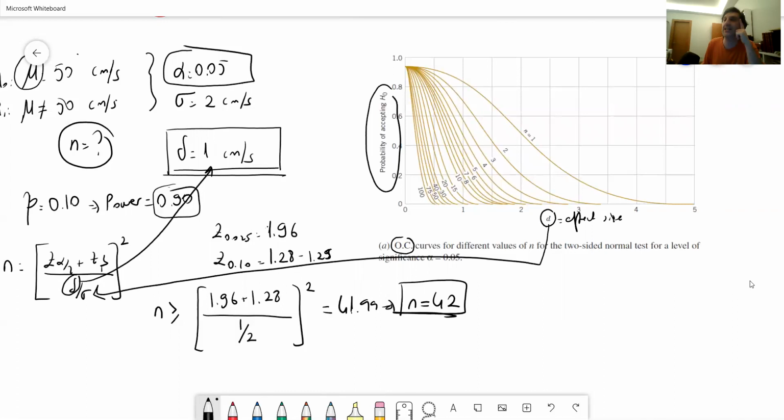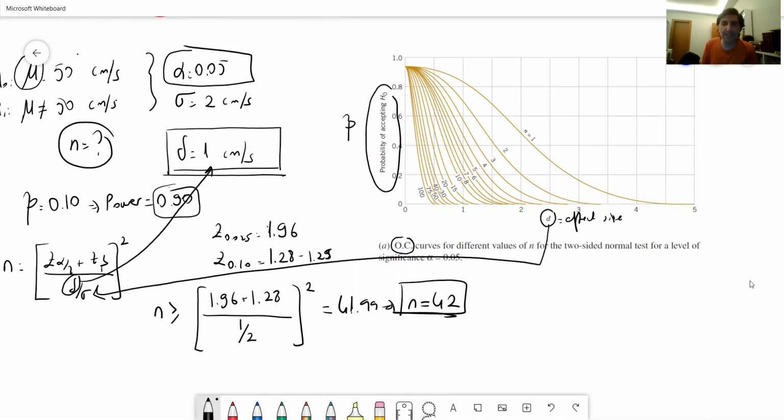Note that effect size means there is a difference in population means. On the other hand, accepting H0 is actually not rejecting H0. This means that we say that there is no change in mu values. Therefore, we conclude that D is equal to 0. So this is the incorrect conclusion. Therefore, this is basically type 2 error.